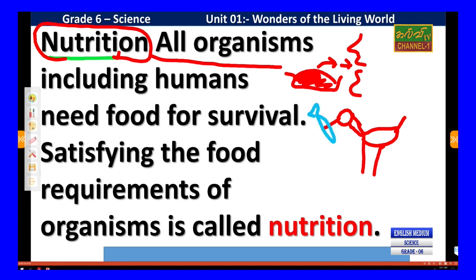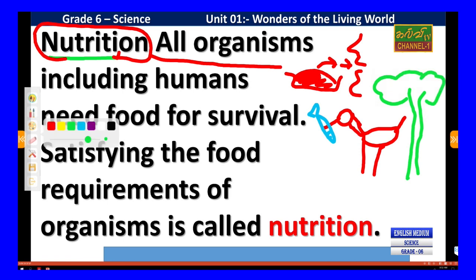That is nutrition. Sometimes a plant also, when it grows, needs food, so it can produce it by using sunlight. Therefore, what I would like to say is, all organisms depend on nutrition.